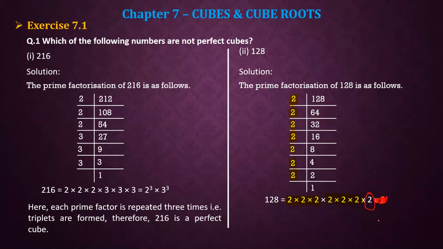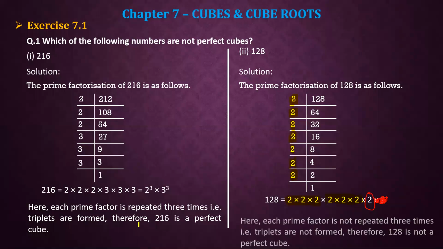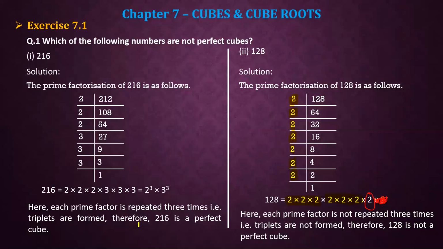So if we compare with our condition, the condition is like this: if the given prime factor is repeated 3 times, or if it is forming triplets, then only is the given number referred to as a perfect cube. But here in the case of 128, the triplets are not formed for the prime factor 2. So the conclusion will be different now. See the difference.